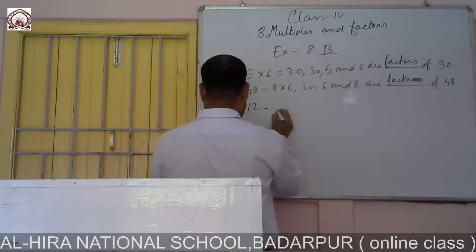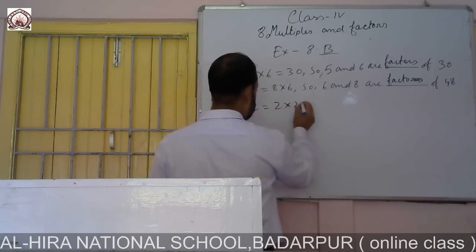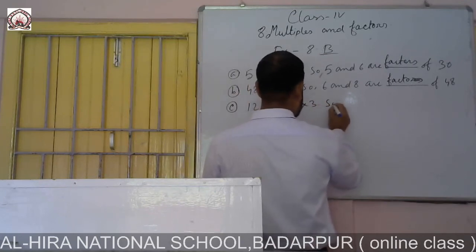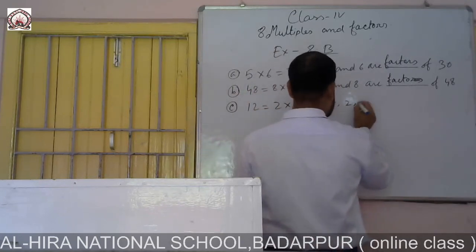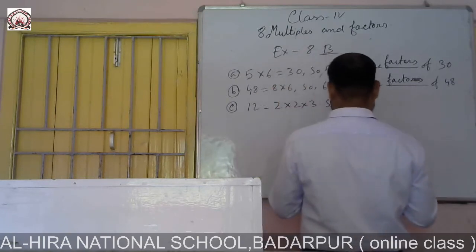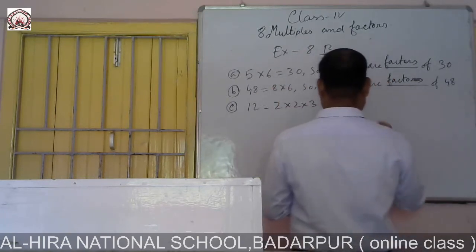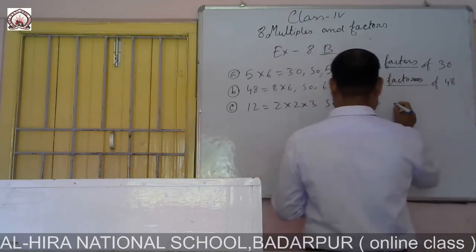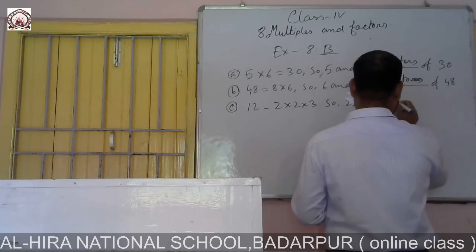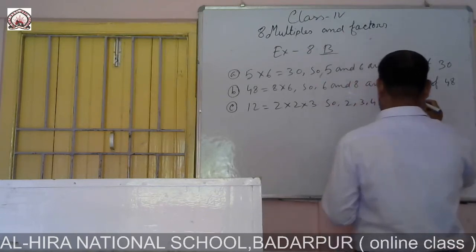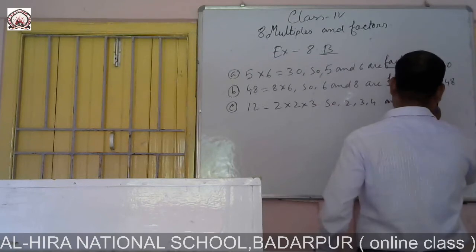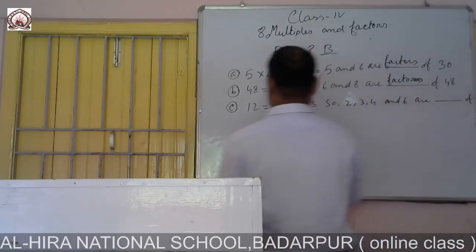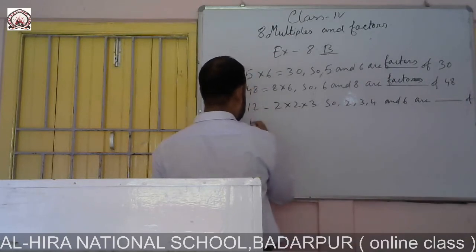Question number C. 12 equal to 2 into 2 into 3. So 2, 3, 4 and 6 are factors of 12.